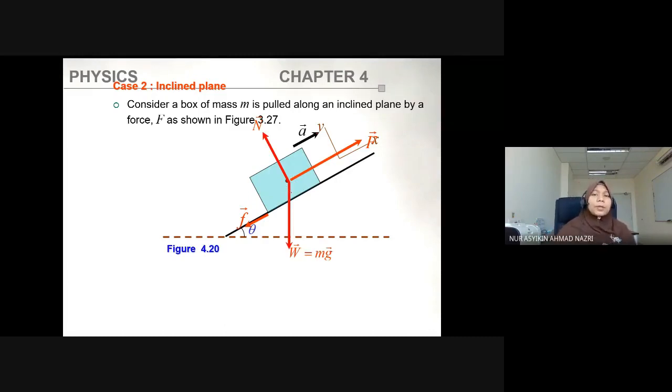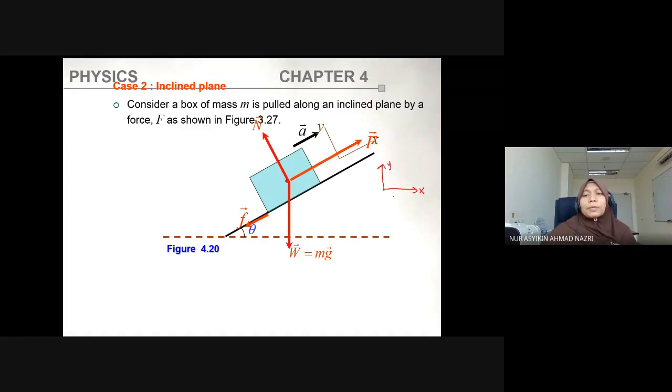Okay, that's the reason why we shift the coordinate system. If not, then you need to resolve three forces. Okay, which is kalau awak nak stick juga ni X, yang ni Y.